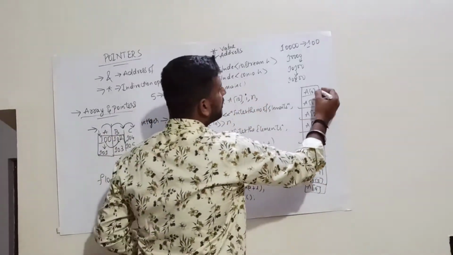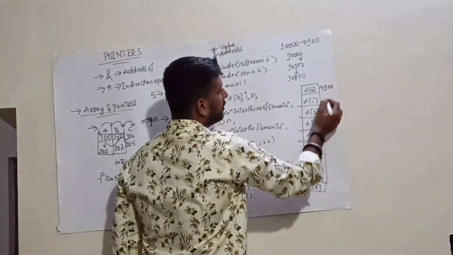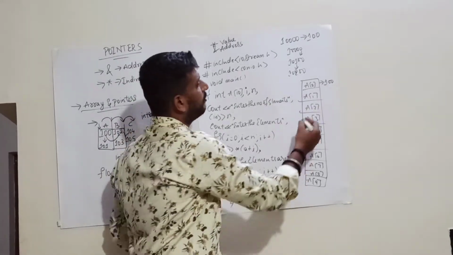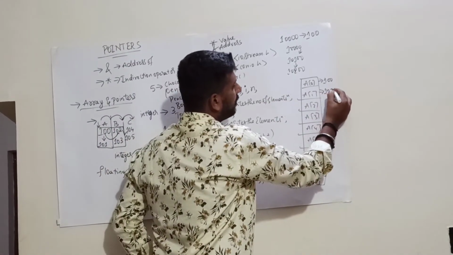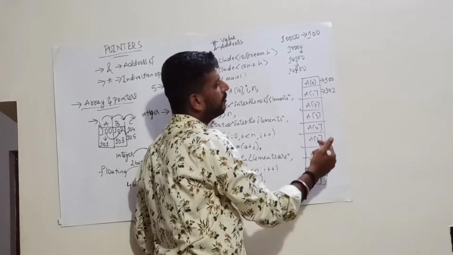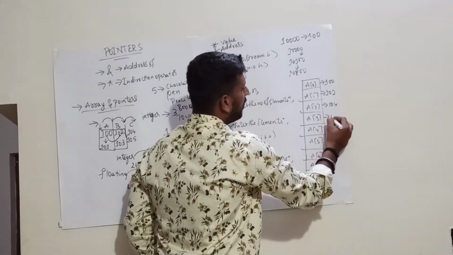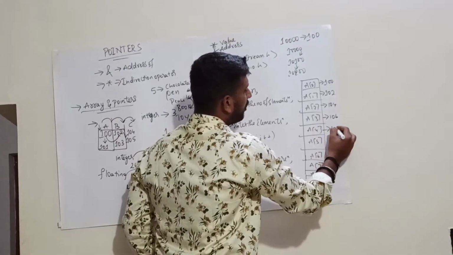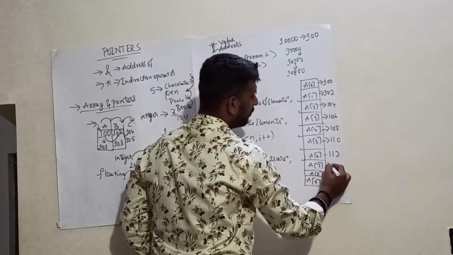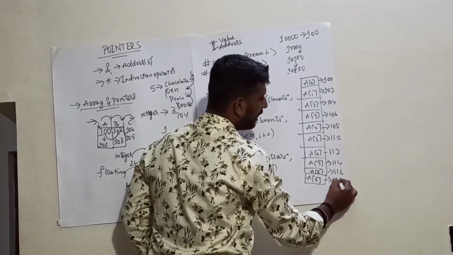Let us consider the starting address of the array is 100. Since this is 100, the next address will be 102, because the size of the integer is 2. So it gets incremented in steps of 2. Next will be 104, 106, 108, 110, 112, 114, 116, and then 118.